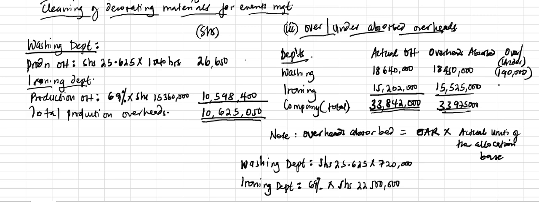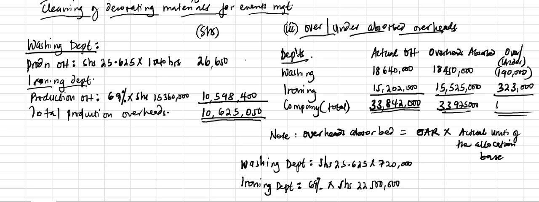So for the company as a whole, because they say for each department and then for the company as a whole, we have over absorbed overheads of 133,000.